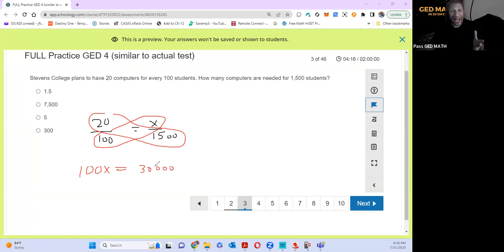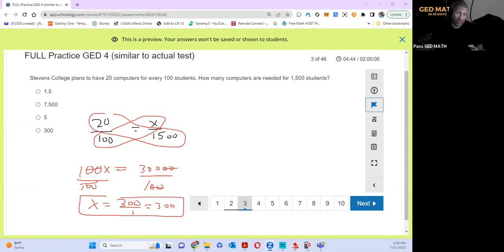You should know by powers of 10 that all I needed to do was 15 times 2 and add my zeros. Same thing if I have to divide by 100. If my number ends in consecutive zeros, I can cancel. So I have 2 here, and I can cancel 2 up here. Those hundreds cancel. I get X equals 300 over 1, which is 300.